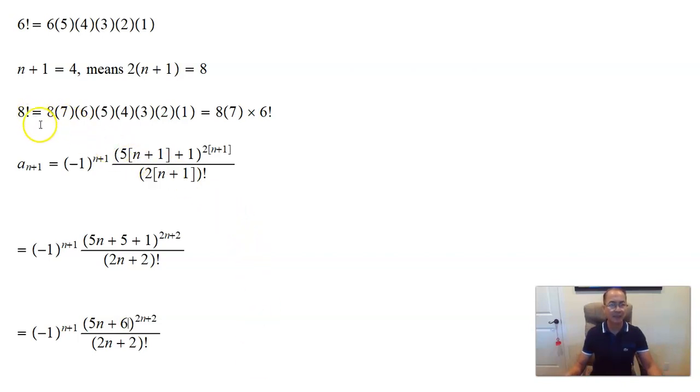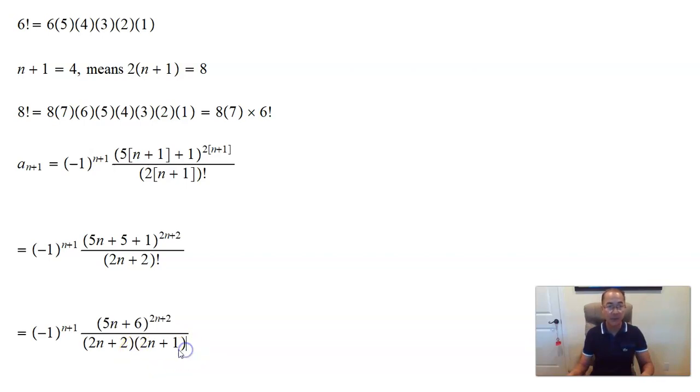So remember what happened here. There are 2 extra factors before we got to 6 factorial. So in the same way, remember you count backwards. So (2n plus 2) factorial means you start with 2n plus 2, you multiply by the integer right below that, subtract 1, 2 minus 1 is 1. Keep going, we're not yet finished.